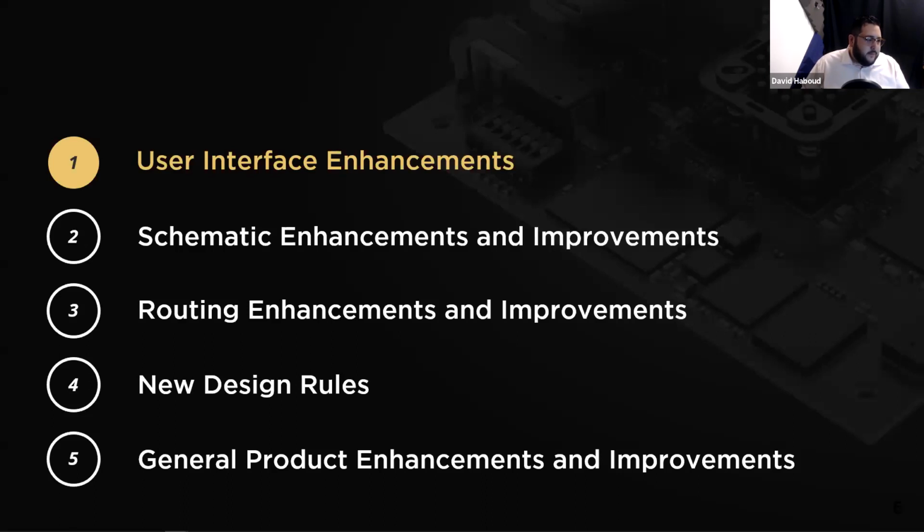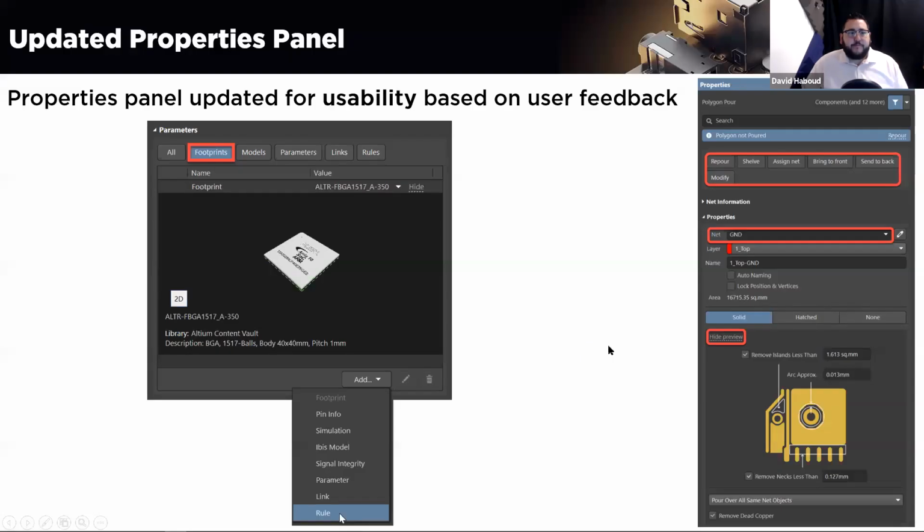Let's see. Okay, so let's look at the user interface. When we released Altium Designer 18, we introduced the properties panel. One of the biggest feedback we got about that properties panel was the usability of it. So we wanted to increase that usability and further improve it.